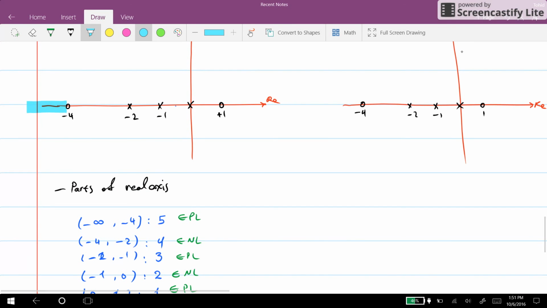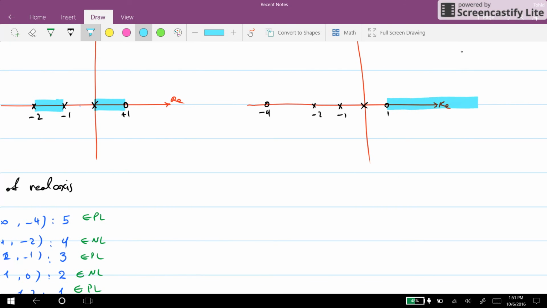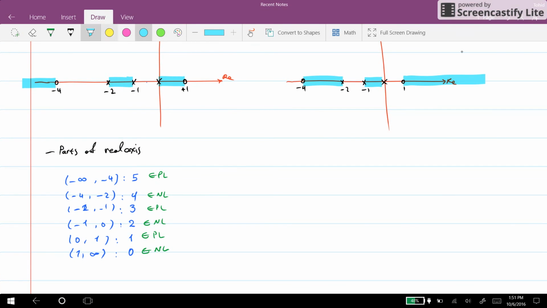So this section of the real axis belongs to the positive locus, this section as well, and this section. And for the negative locus, we have this section here, this section on the real axis, and this section. So we are done with determining which parts of the real axis belong to the root locus.